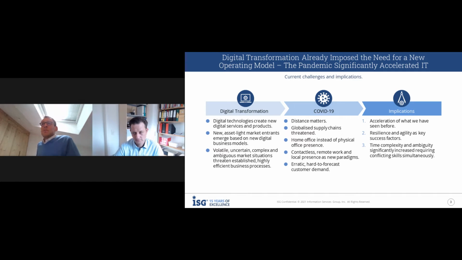All those things we know about new digital technologies allowing us to design new digital products and services, new asset-light market entrants disrupting incumbents, and all those volatile and uncertain market situations. This has been there for quite some time, so it's certainly nothing new.